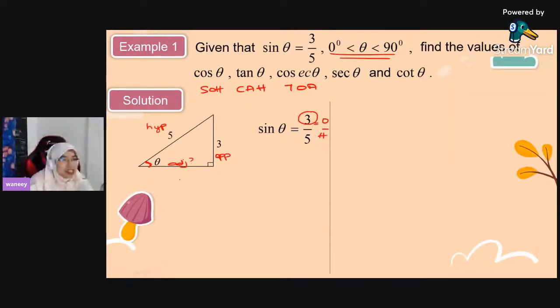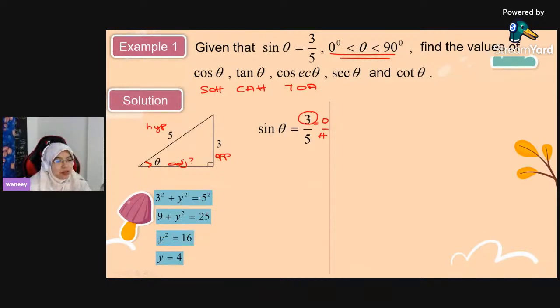So using the hypotenuse theorem, you can take 3 square plus x square equal to 5 square, and then you can easily find out the x. Okay, so now 3 square plus, oh, they are using y. Never mind, whatever. So 3 square plus y square is equal to 5 square. So that means y square is equal to 16, so y is equal to 4.